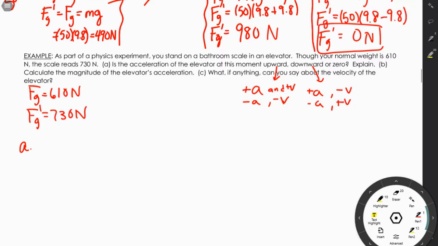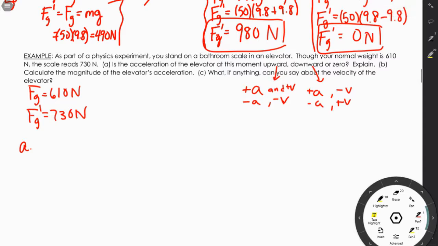So the upward scenario is one option, and 0 would be if we're just saying we're not accelerating, okay? But if you remember from the previous example, we know that's not true because if we weren't accelerating, our apparent weight would equal our actual weight. And then in C, we're accelerating up, so they're in the same direction, and in part D, they're in opposite directions, so they're accelerating downward, okay?